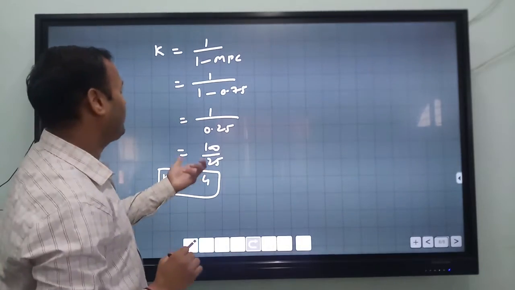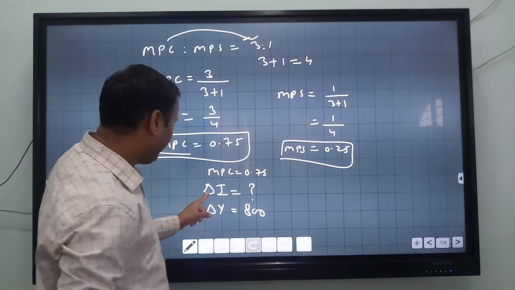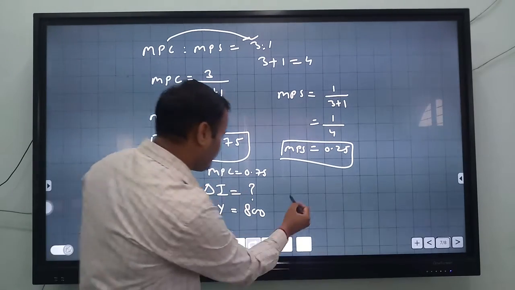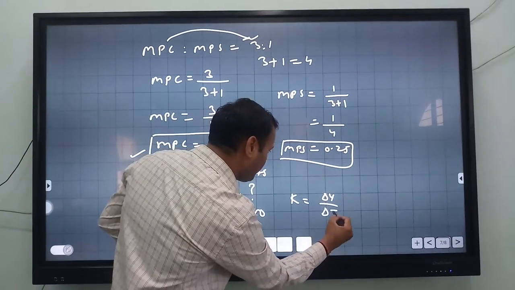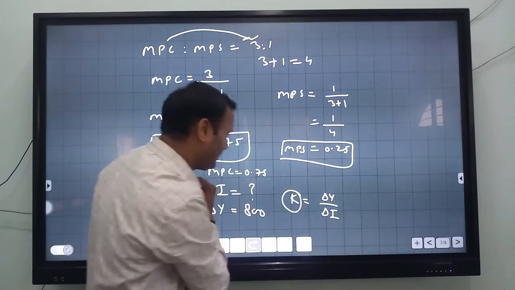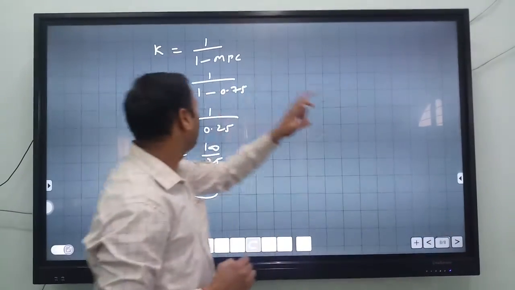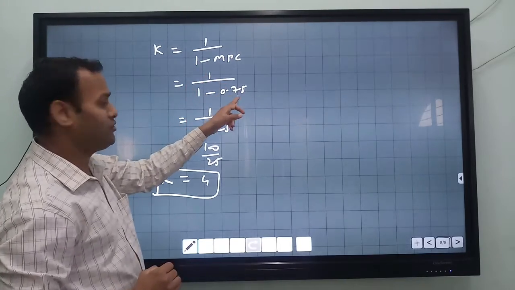How do we calculate the value of K? Because we have been given the MPC, and delta I we have to calculate, and delta Y is 800. So what is the formula of K? K is delta Y upon delta I. So firstly we need to calculate K. K is equal to 1 upon 1 minus MPC, that is 1 upon 1 minus 0.75.